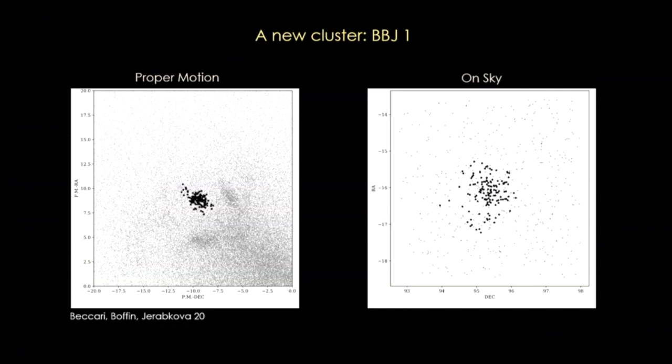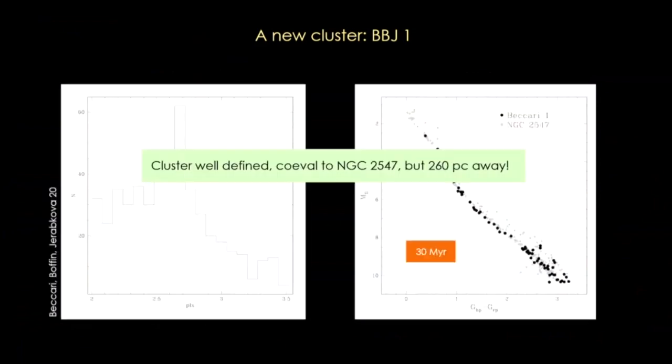So it is very well clustered, and we call it BBJ1. And so this cluster is very well defined. And in fact, when we look in the CMD, it has exactly the same age as one of the other clusters that I mentioned before, which was NGC 2547. So it is coeval to this one, but it is in fact located 260 parsecs away.